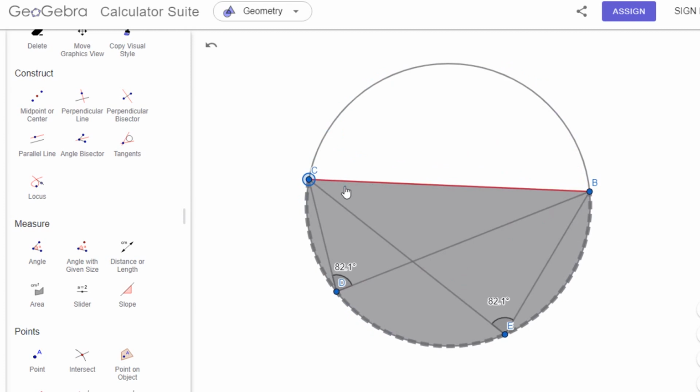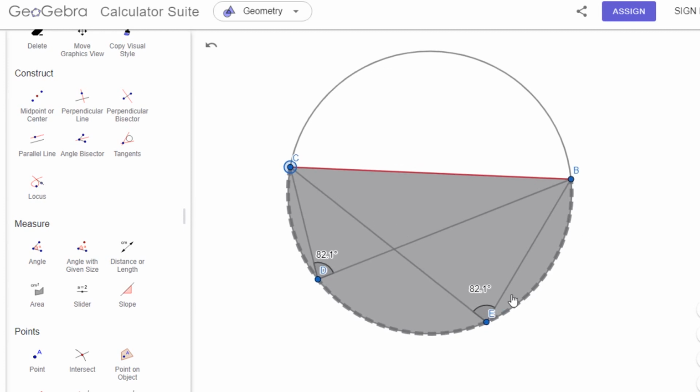This is the theorem. So let me create a scenario whereby in the exam they can ask you to find something. Then in the exam they tell you to find D. So how in the world are you going to find D? Very simple. All you have to do is identify this chord, and this chord has two lines, this line and this line, and they are forming an angle here.